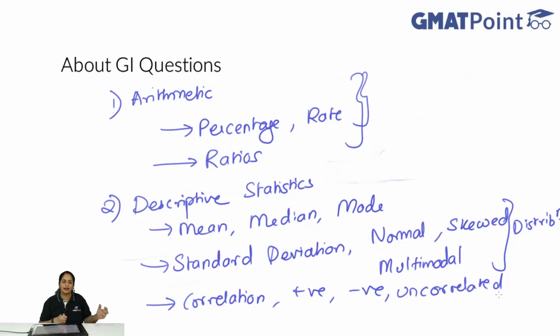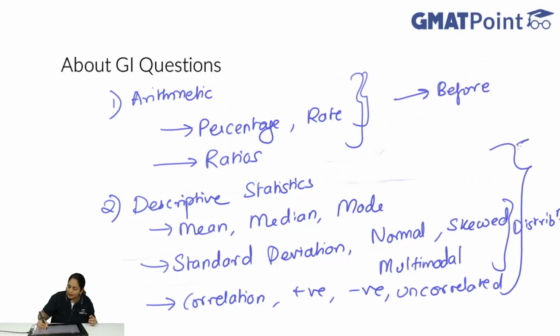Without understanding graphs, you will not be able to understand what a normal distribution is, what a skewed distribution is. So this you can do in tandem with your preparation for GI, because it can be understood better with the help of graphs and charts. So these are the prerequisites you should have before you come to GI, and the skills that you need in tandem with GI as such.